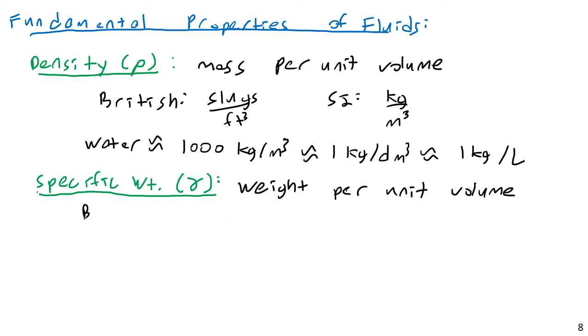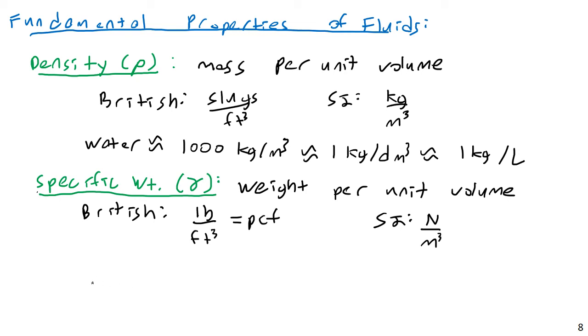In the British system, it's going to be pounds per cubic foot, pounds per foot cubed, or simply PCF. You'll sometimes see me use that abbreviation. And in the SI system, it's going to be newtons per cubic meter.